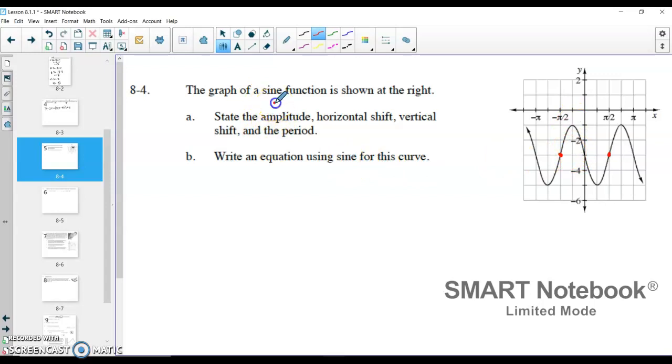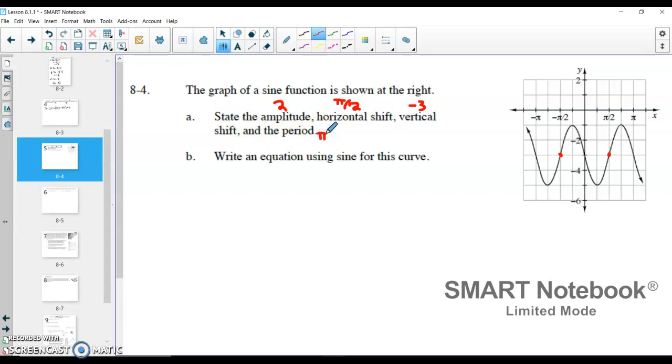So amplitude is 2, horizontal shift of pi over 2, vertical shift of -3, we shifted down 3 units. And then we have a period of just pi, and we want to account for that.